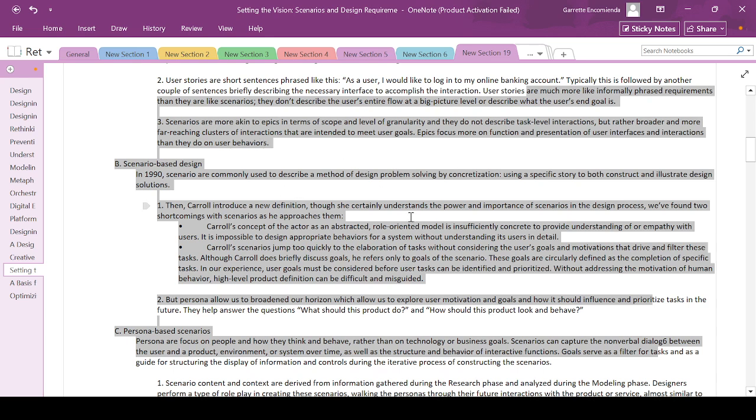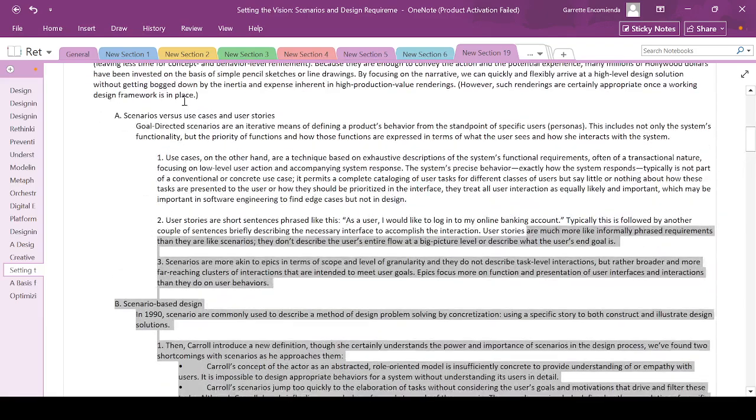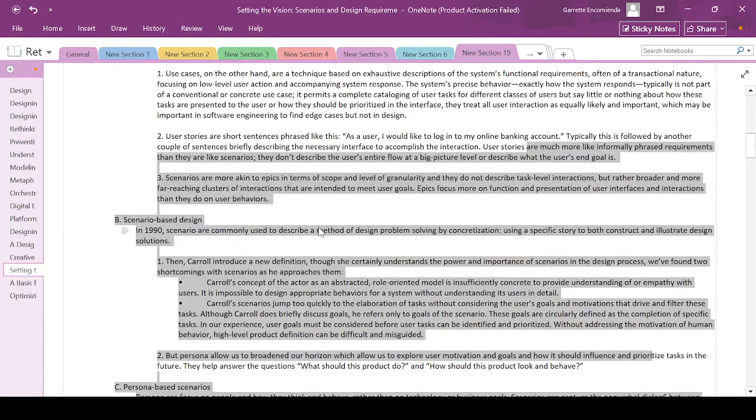Scenarios are more akin to epics in terms of scope. In Agile, epics are more like the story, not the problem and solution statement, in terms of level of granularity, and they do not describe task level interactions. So it's not a specific interaction. This is actually where our requirements come from, the scenarios.